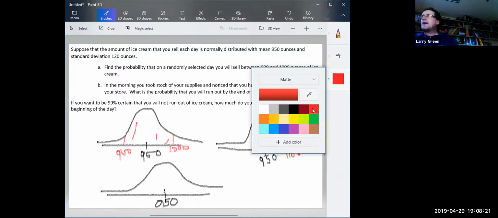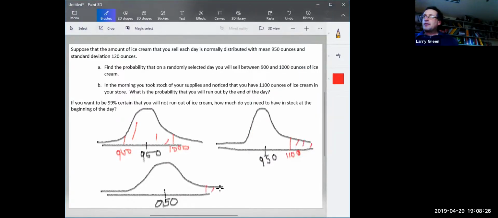So what kind of problem is this? What kind of problem is this one? Yeah, this is an inverse. We're given the probability, which is the area under the curve, so this probability, sorry, is 0.99. Notice it's going to be far right because you stock a lot to be sure you don't run out. And we want to find out X.